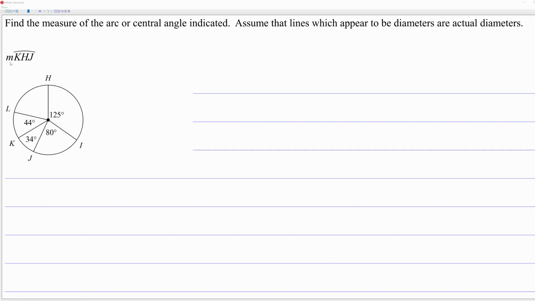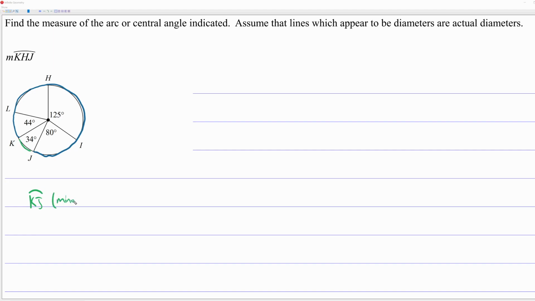So we have M, which means the measure, and this is the measure of arc KHJ. When you have these three letters together, it means you go from K to H, that's the letter in the middle, all the way around until you get to J. Just be aware, if a problem said, for example, KJ with an arc over it, that would mean directly from K to J in the shortest distance possible.